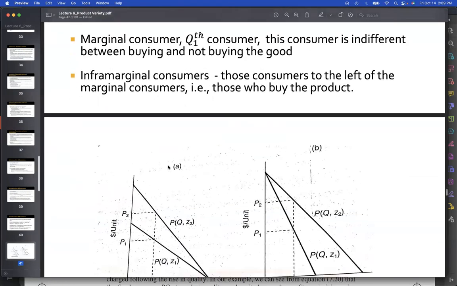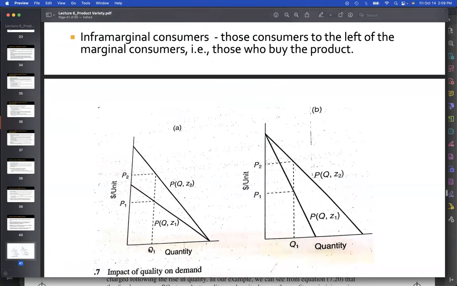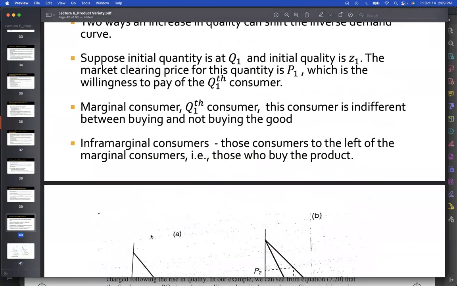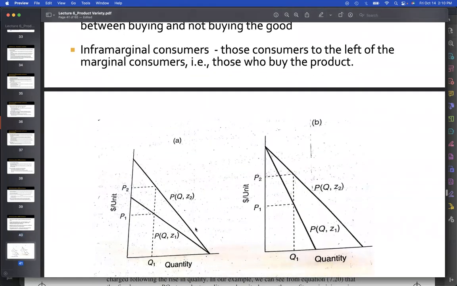Suppose your initial quantity is Q1 and the initial quality is Z1. The market clearing price for this quantity is P1, which is the willingness to pay of the Q1th customer. The marginal consumer, the Q1th consumer, is indifferent between buying and not buying. The inframarginal consumers, those to the left, are those who buy the product.